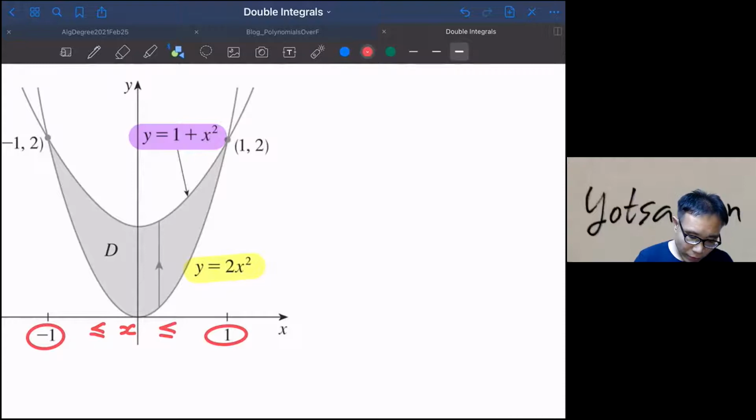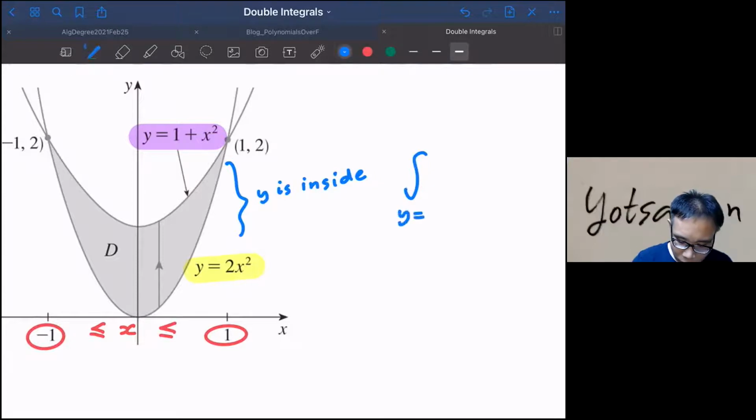From these two, y must be inside. So we have y running between two curves. You're going to have the integral from y equal to 2x squared to y equal to 1 plus x squared, and the function is x squared, and you have dy because y is running.